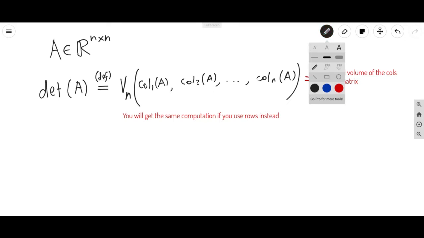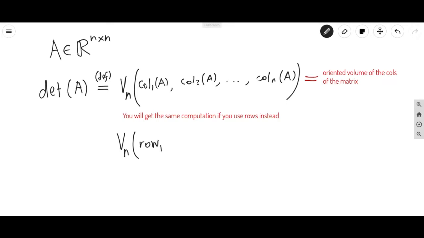We'll talk about why that works later on, but I just wanted to mention that if instead you decide to use the rows of the matrix, the first row, the second row, if you take the vectors coming from the rows, you will actually get the same answer.